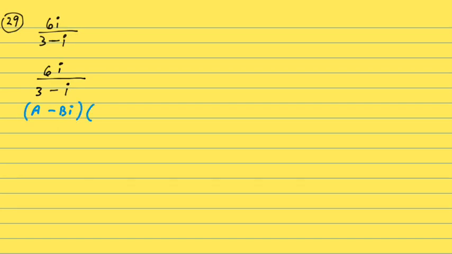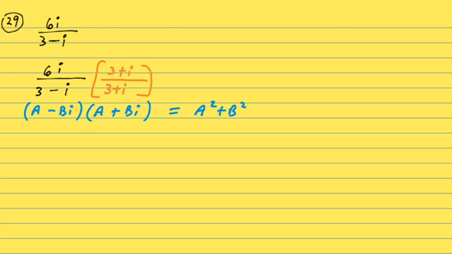Its complex conjugate would be a plus bi. When you multiply these, it becomes a squared plus b squared. It's like the difference of the squares, but it's with the imaginaries, and it becomes a plus, pretty much. So what's the conjugate here? The conjugate of 3 minus i would be 3 plus i.